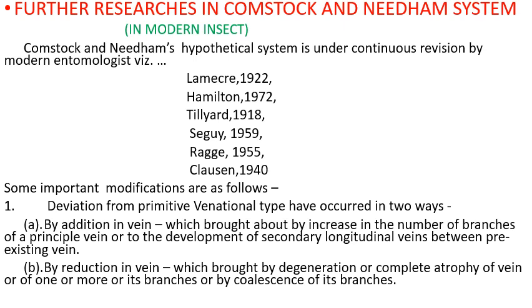First, by atrophy of the vein, and second, by coalescence of two or more adjacent veins, meaning merger of two or more adjacent veins. The first method is illustrated in most of the orders, where a reduction in the number of wing veins has taken place by atrophy, more or less complete, of one or more of the anal veins.